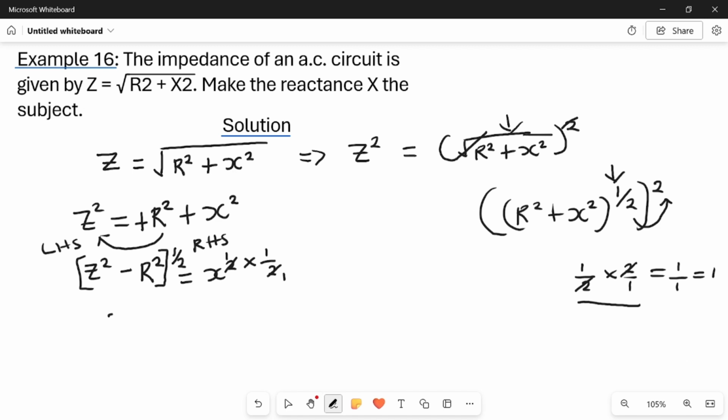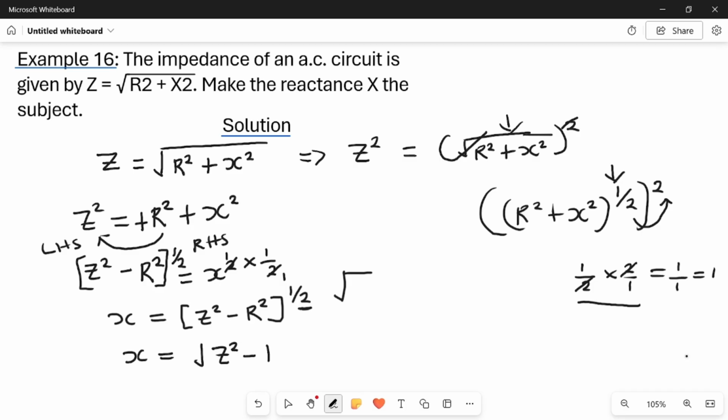So we have that X is equal to Z square minus R square into 1/2. And we know that from our fractional index that 1/2 is same thing as the square root sign, right? So we can say that X is equal to the square root of Z square minus R square, and this will be our final answer.